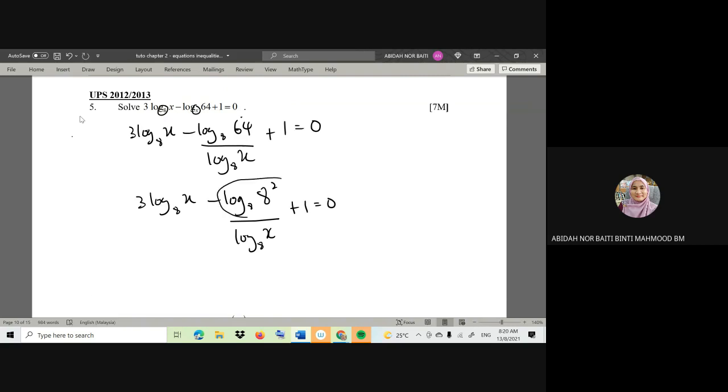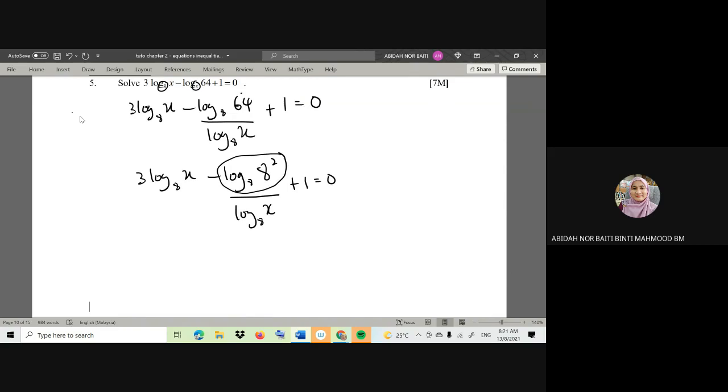So here we use law number 3 ya, law number 3. 3 log x base 8 minus 2 log 8 base 8 over log x base 8 plus 1. So log 8 base 8 is 1.